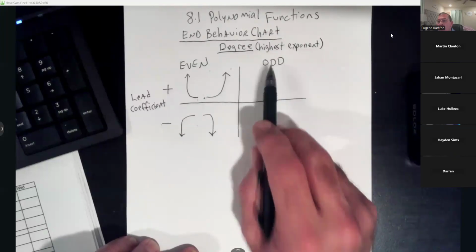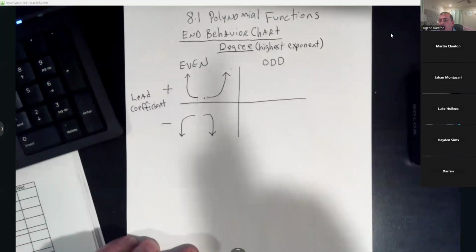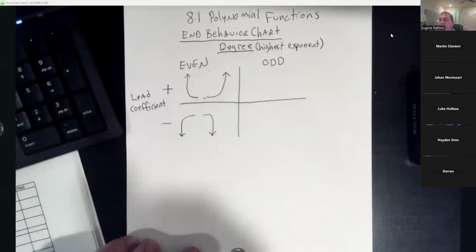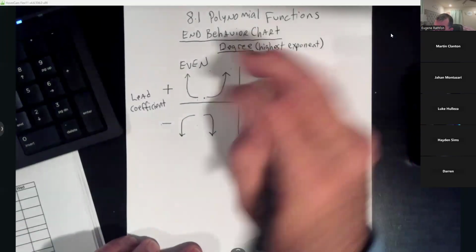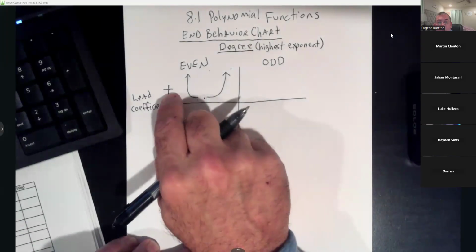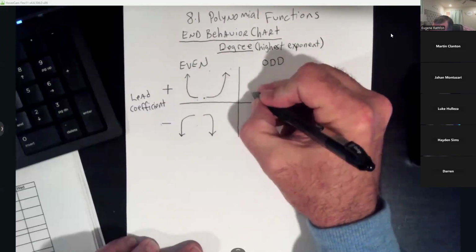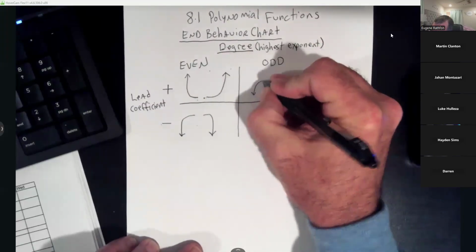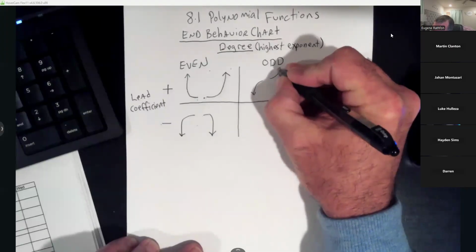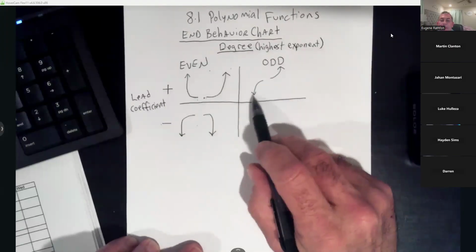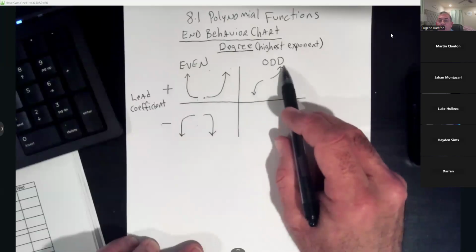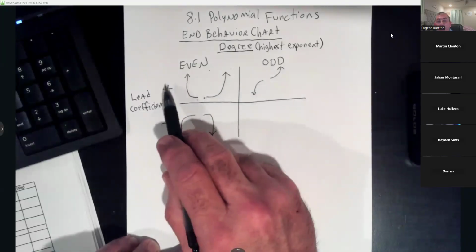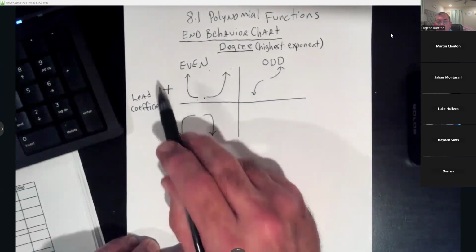So if they're odd, that'd be like the cube graphs, x to the fifth graphs, x to the seventh graphs. If they're odd and the lead coefficient is positive, these graphs will go uphill left to right. So just like the cubes, they go uphill left to right if it's a positive lead coefficient.